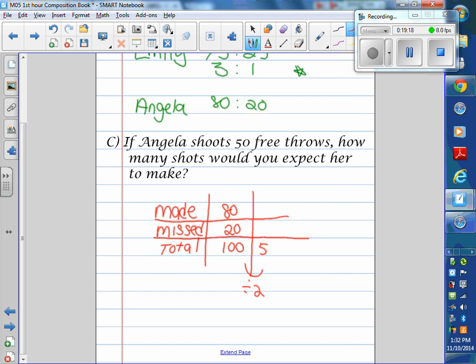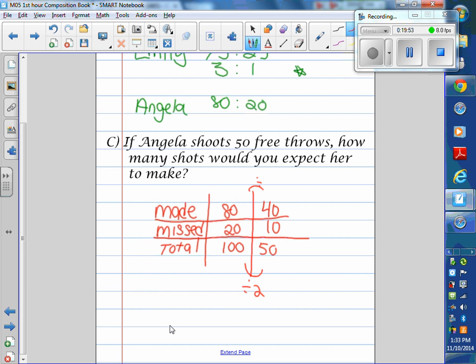So we're going to predict if she shoots 50 baskets. That's what they're going to predict, right? You don't know. It's like the future. So we're using her previous history to see how we think she's going to do. We're going to predict.